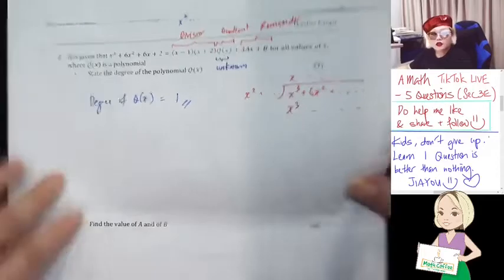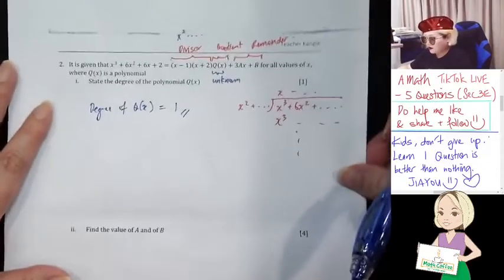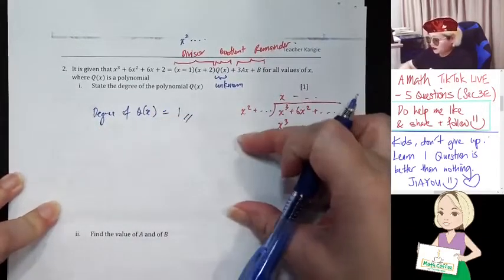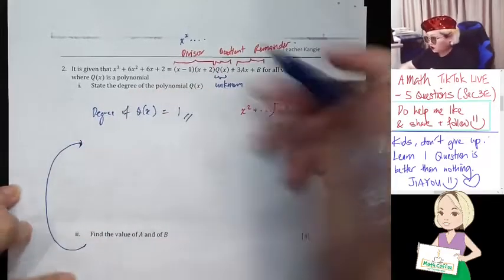Next, they want you to find the value of a and b. So how are you going to find the value of a and b? Actually over here got some space, so I just continue from here. I draw a line.